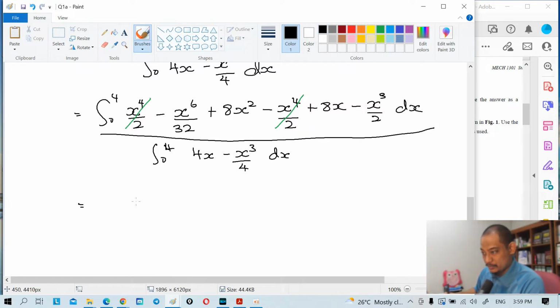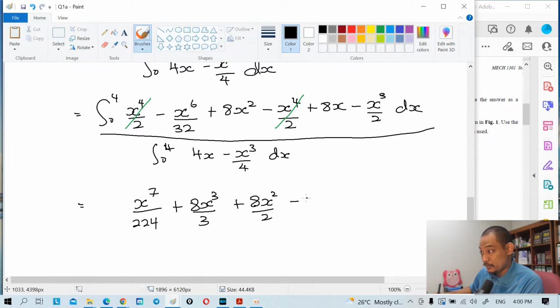So x to the power 7 over 32 times 7, which is 224, plus 8x cubed over 3 plus x squared over 2 minus x to the power 4 over 8, from 0 to 4.